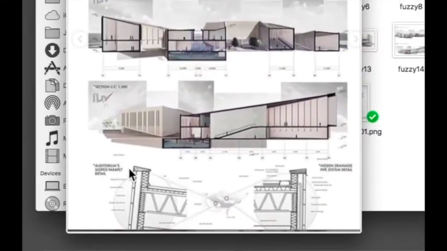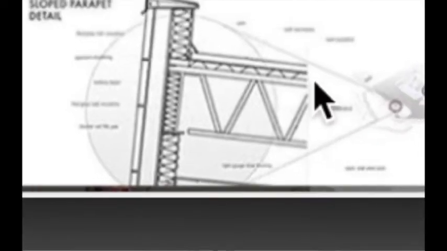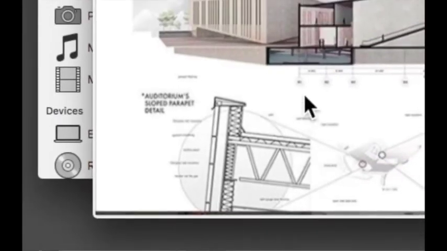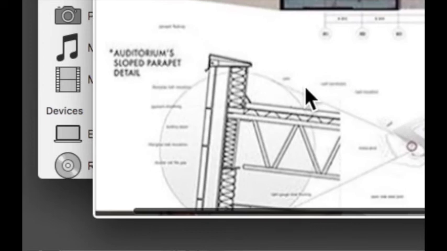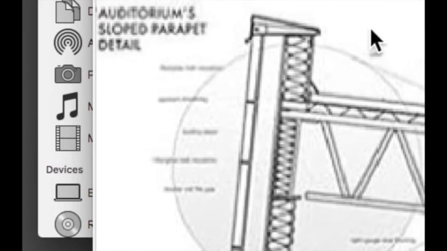And it is very important, you have to add the details, the section of the joints between the facade and roof, for example, or between facade and balcony, terrace, or just wall. You have to put this in the scale of 1 to 50 or 1 to 25.